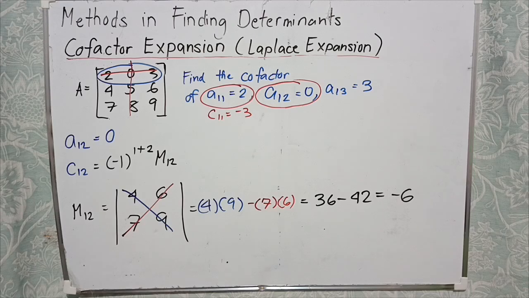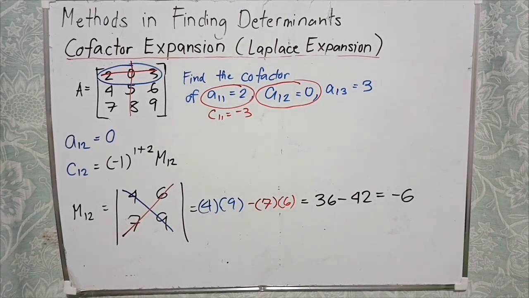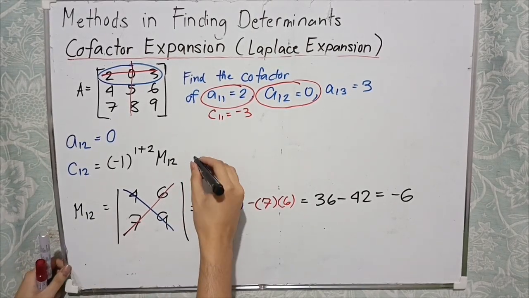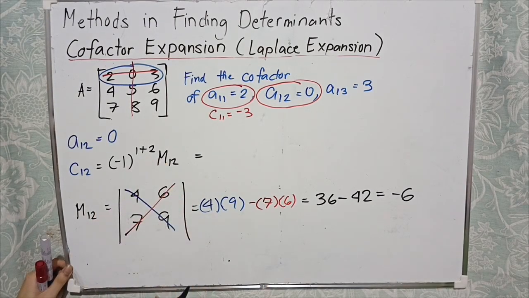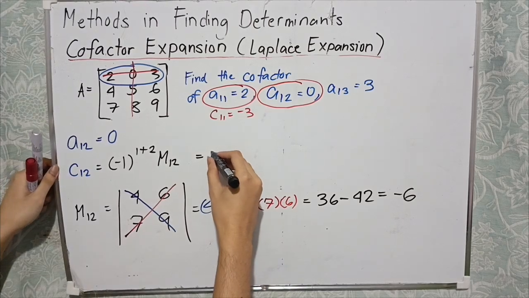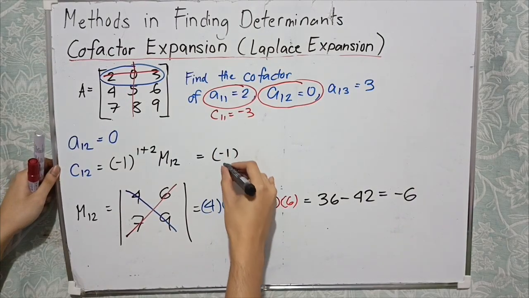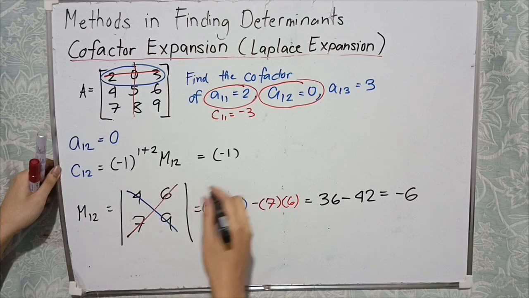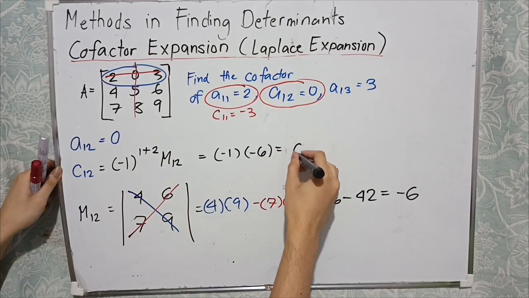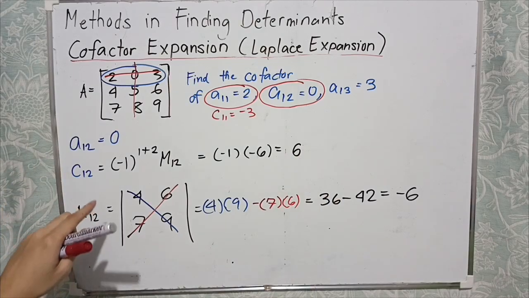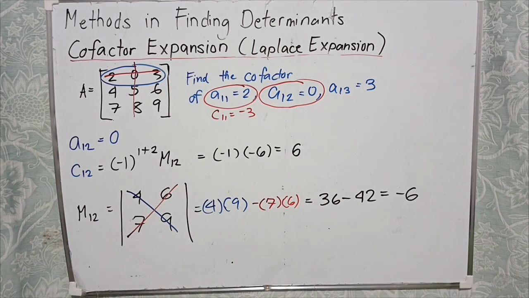So this is the determinant of the minor M12. We can now substitute the value: -1 raised to 1 plus 2 is equal to -1, times the value of M12, which is -6. So the answer here is +6. Our C12, the cofactor of A12, is equal to 6.